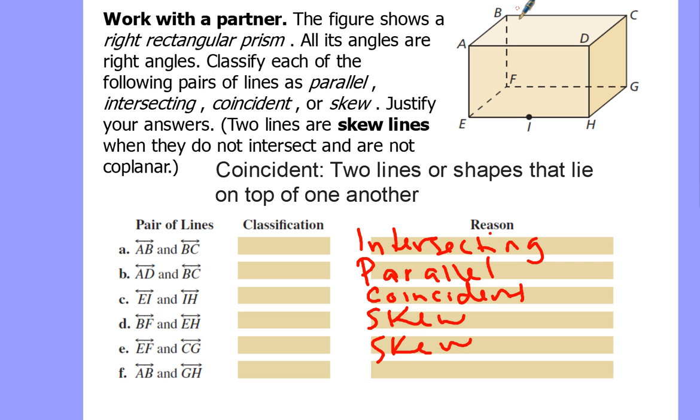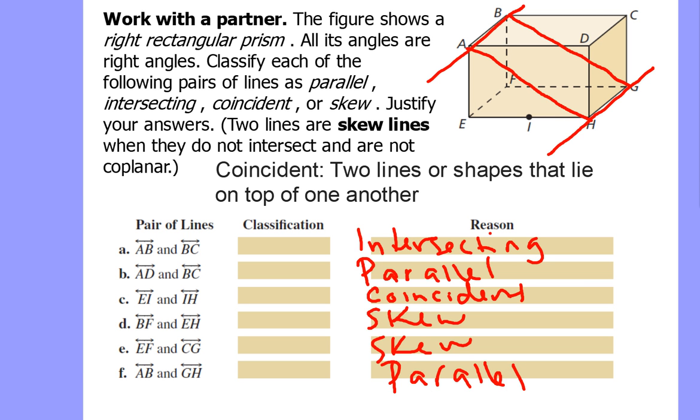So technically, this is a little tricky, I could say that there is a plane of ABH or ABG or GHB. And if this is the same plane, then AB and GH would technically be parallel lines. So it's a tricky one, so keep that in mind when you're asked about things in regards to a diagonal.